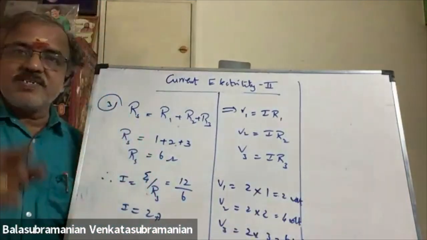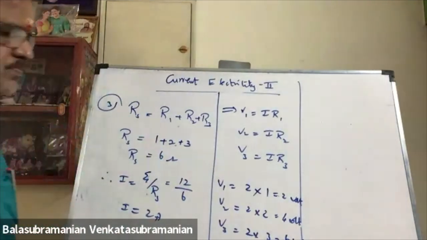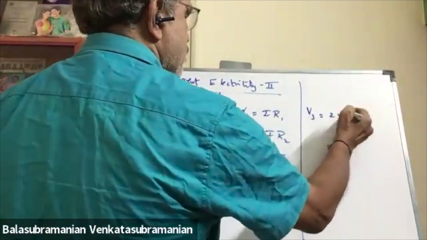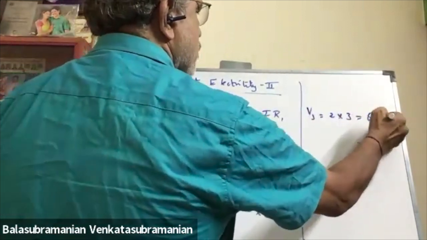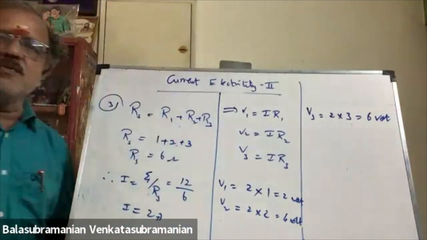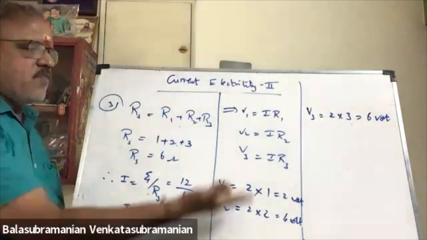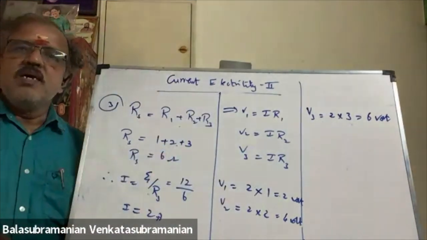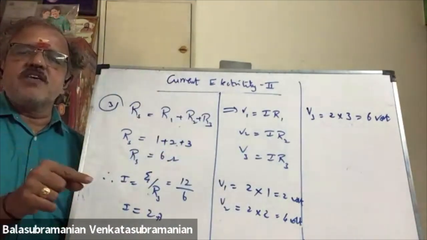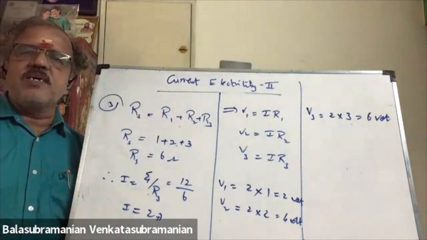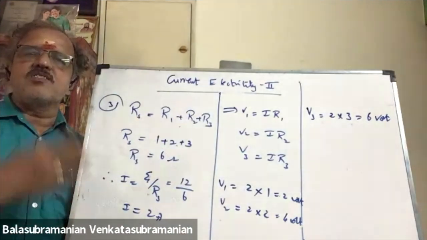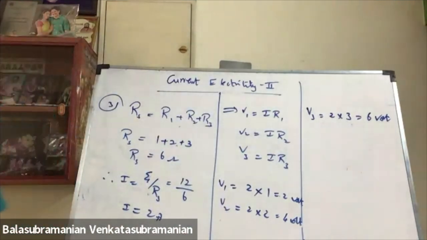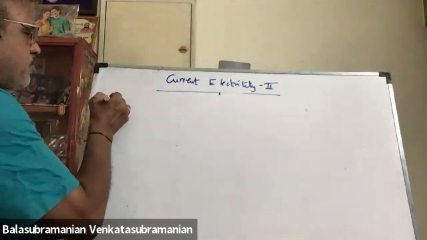The question says negligible internal resistance. If you add V1, V2, V3, you get 12 volts. That is your EMF. EMF and potential difference both being equal means internal resistance is negligible or zero. Theory. Okay.